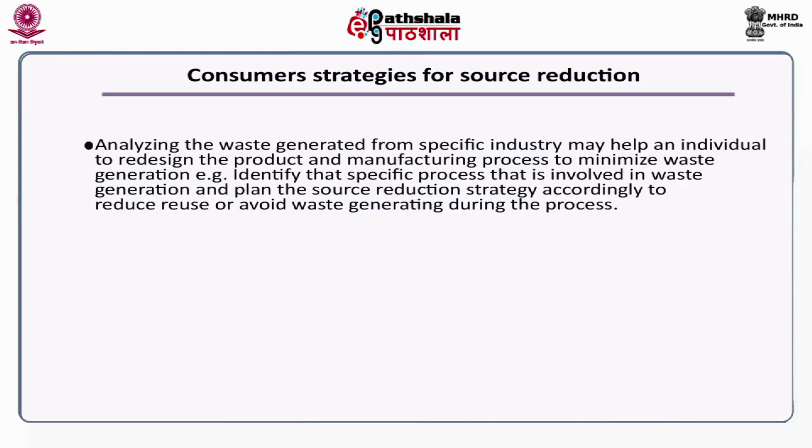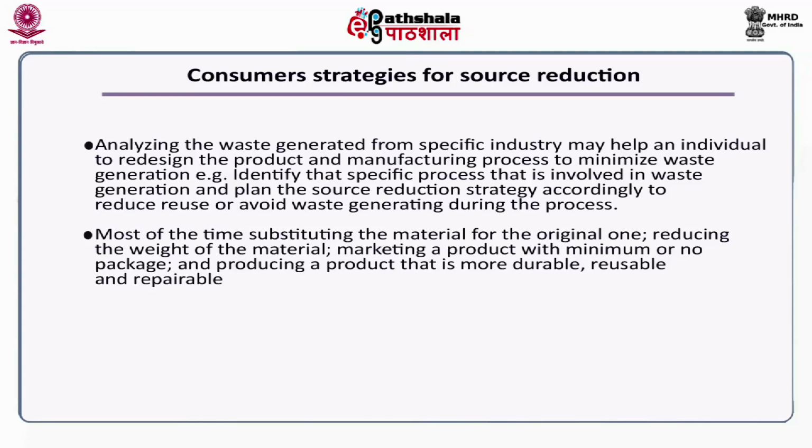So, this will reduce, reuse or avoid waste generation during the process. Most of the time what we do is we substitute the material for the original one. You can reduce the weight of the material, market a product with minimum or no package, and produce a product that is more durable, reusable and repairable.